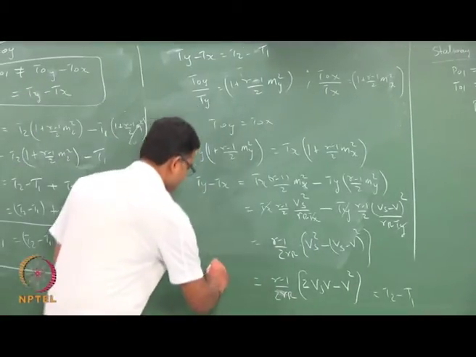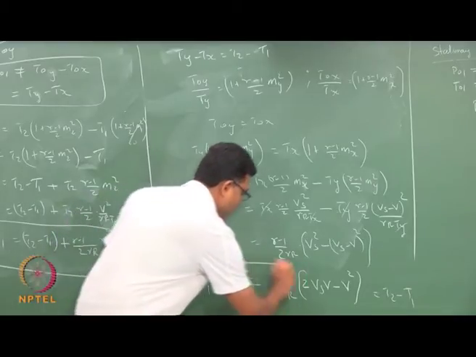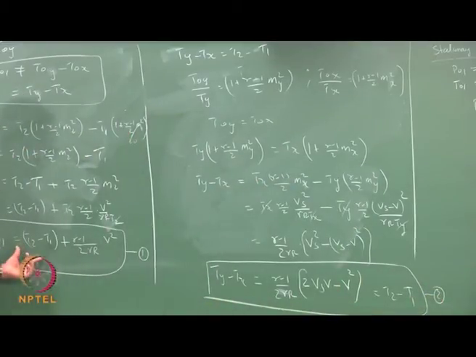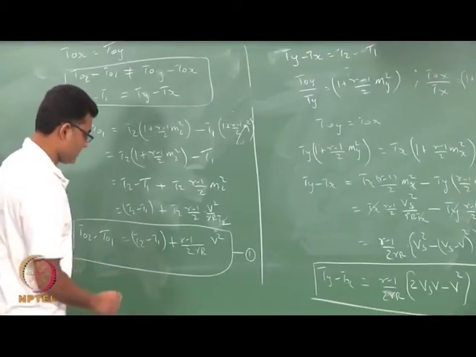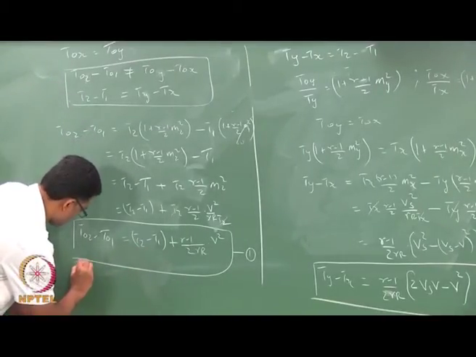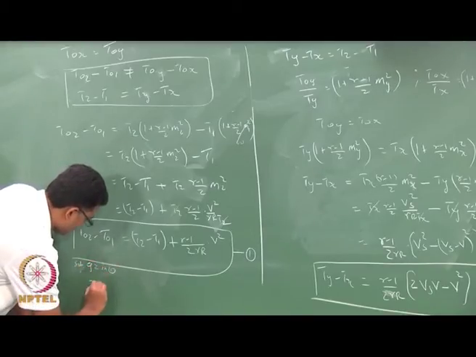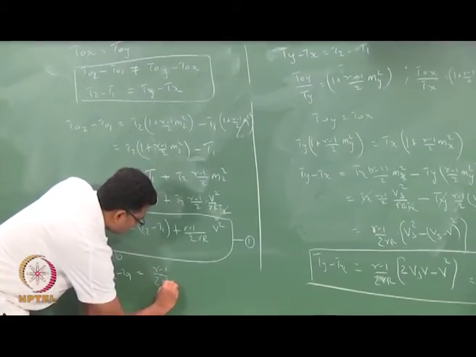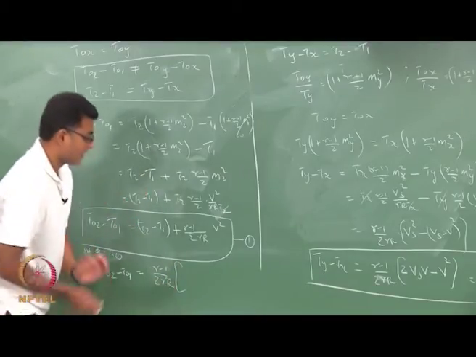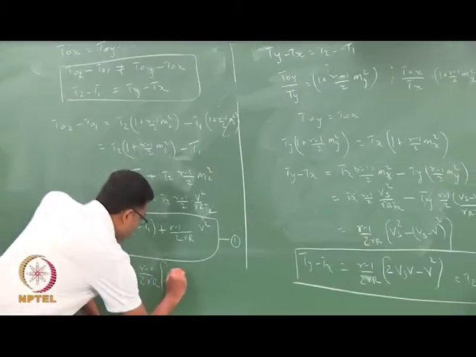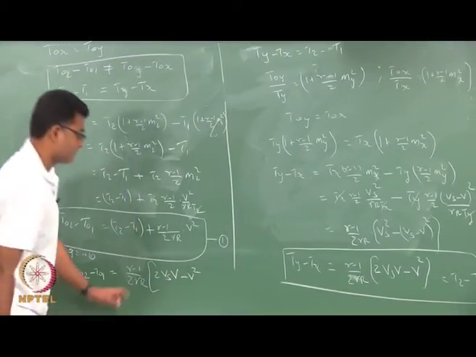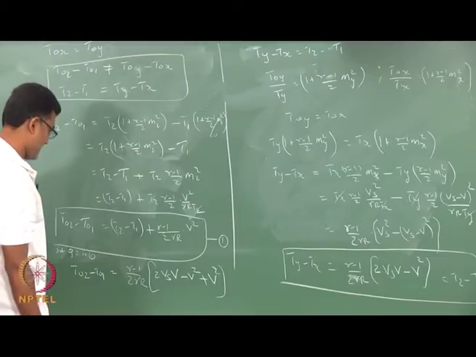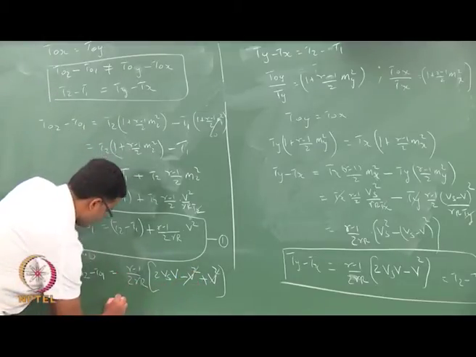So, if I substitute this equation, equation 2, in 1, substituting equation 2 in 1, I would get T02 minus T01 as gamma minus 1 by 2 gamma R within brackets 2 Vs V minus V square, then plus V square, which is nothing but this quantity.